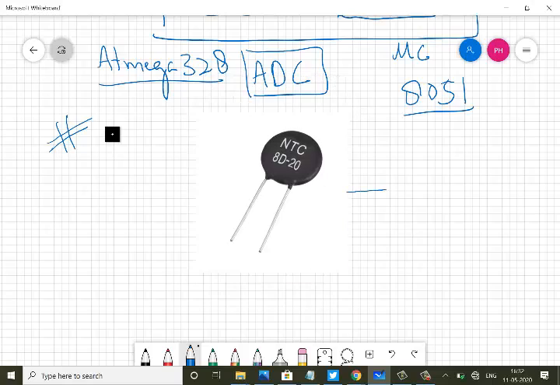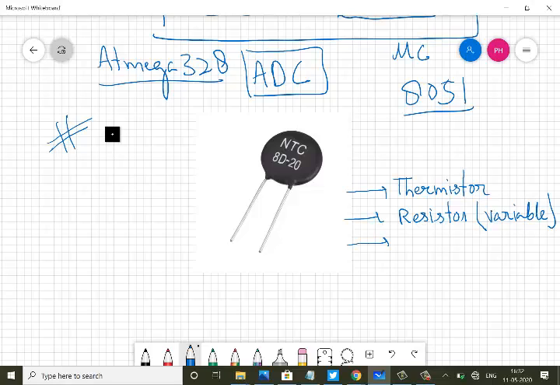This sensor is known as a thermistor. It is actually a resistor, or I may call it a variable resistor, whose resistance changes with the change of temperature.